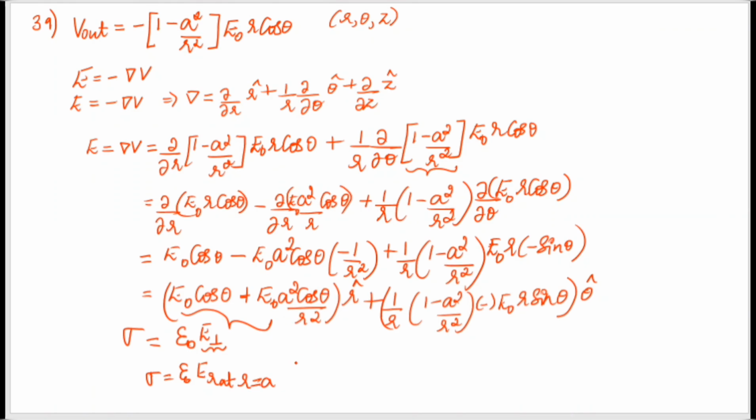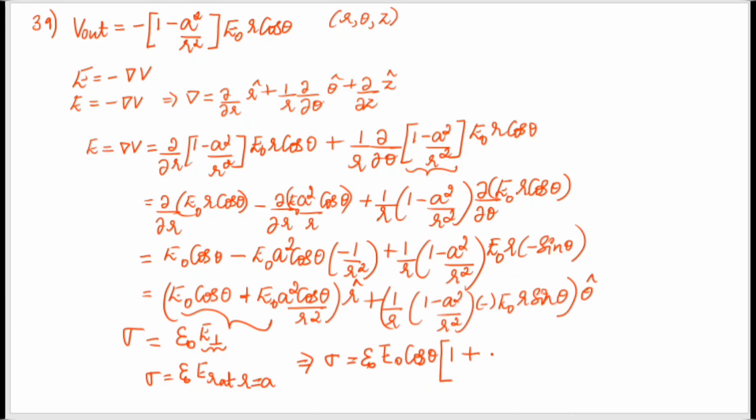So from here, sigma is equal to epsilon naught E_r at r equal to a. In this term I can take E naught and cos theta common. What is left inside the bracket? 1 plus a square divided by r square.